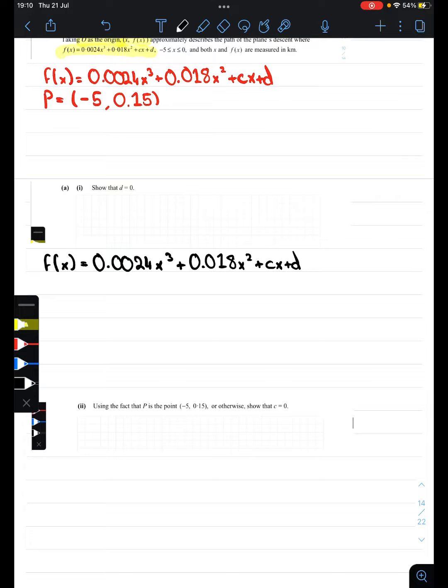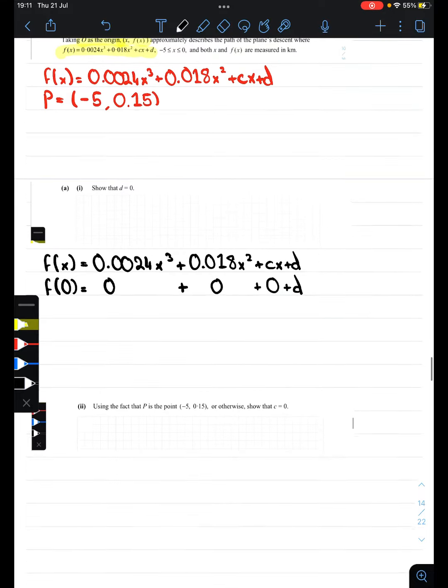We want to isolate the d term, and an easy way to isolate the constant in a polynomial is to let x equal 0. So f of 0 is 0 plus 0 plus 0 plus d.